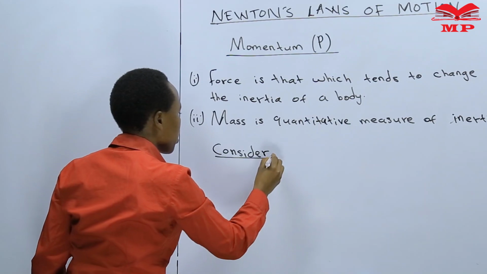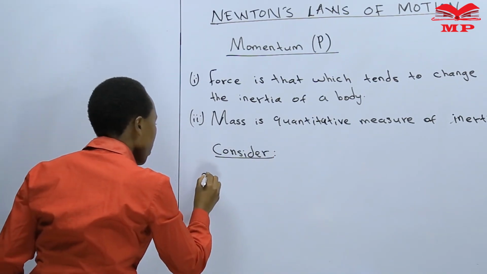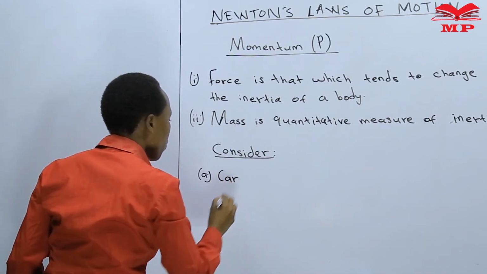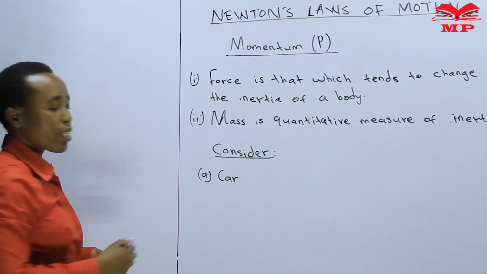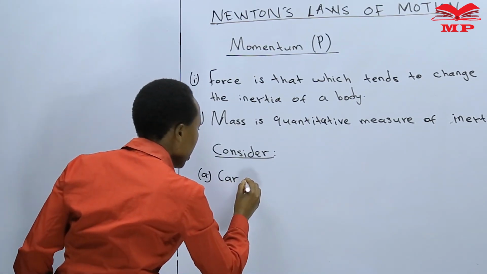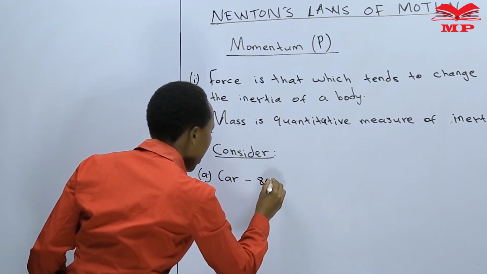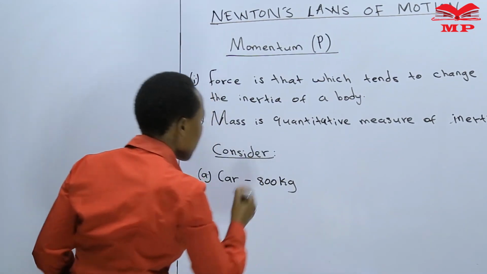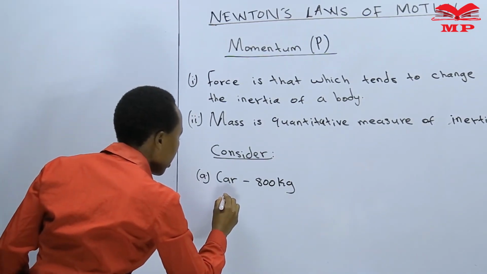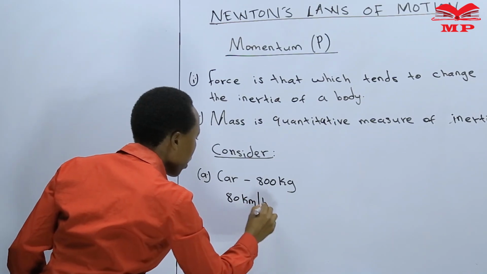Now, in this lesson, I want you to consider the following cases. In the first one, A, we have a car. Let's say the mass together with the occupants of this car is around 800 kilograms, and the car is traveling at 80 kilometers per hour.